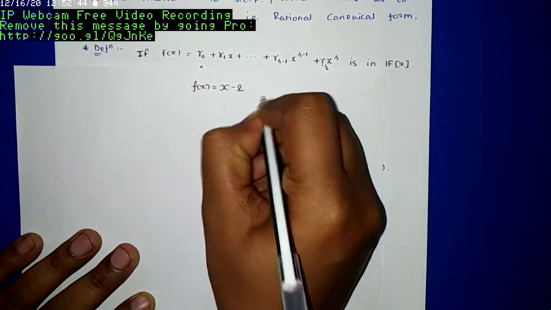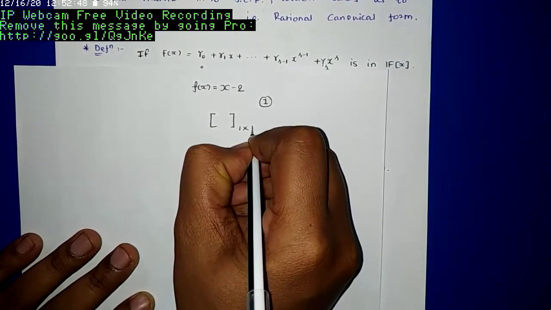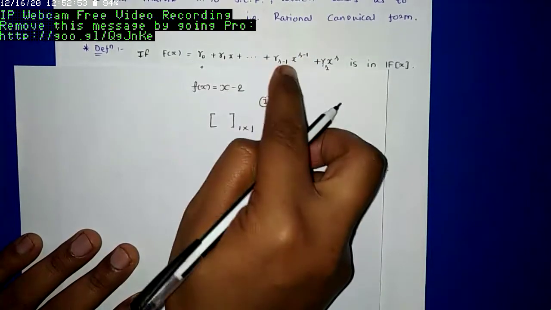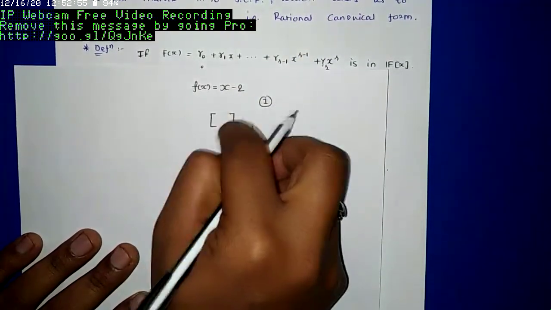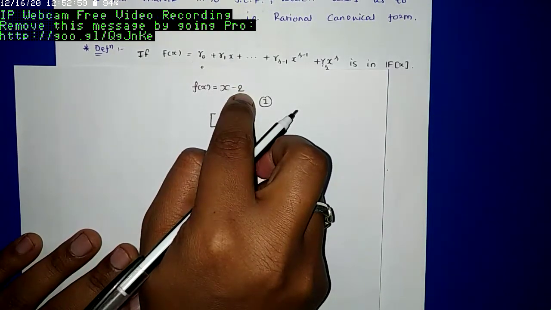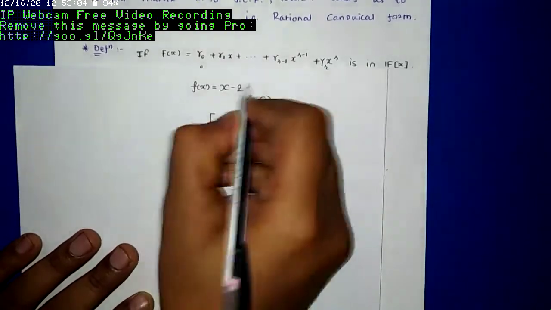So we get a companion matrix which is 1 cross 1. And if your matrix is 1 cross 1, we do not consider the highest degree term. So we only need to write 2, but with the sign changed, minus 2. So this is the companion matrix for this.